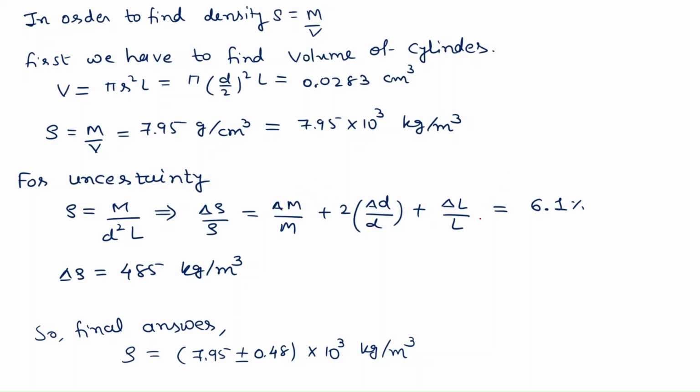So make a note: multiply by the power. Here the power is 1, so we multiply by 1, and here also the power is 1, so multiply by 1. This way you can easily remember the formula. Then put the values in.